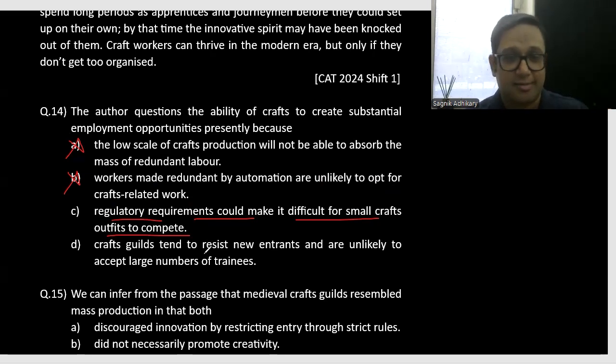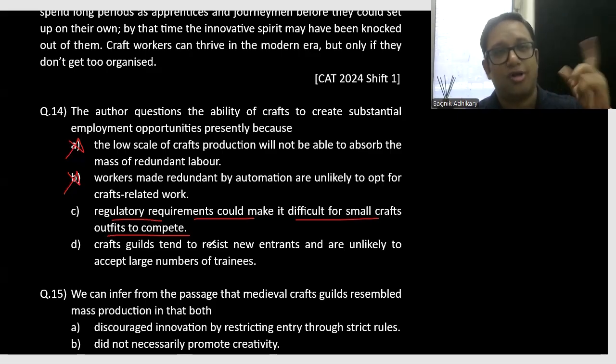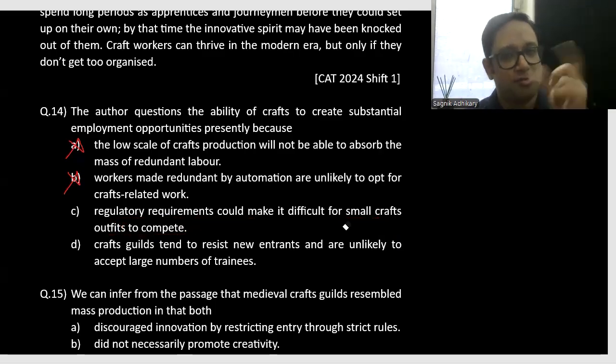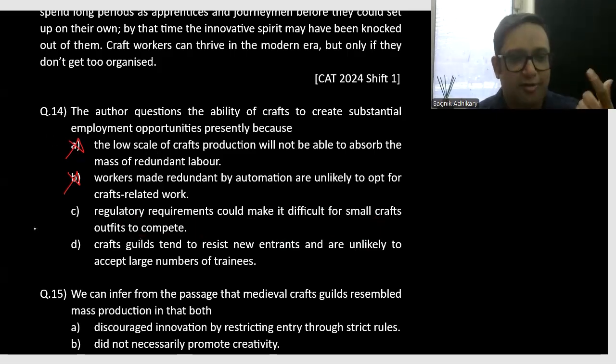This is from the last statement. We saw that large companies would always have the advantage, which means that small crafts would have a disadvantage. Small crafts outfits would not be able to compete. This is exactly what the passage is telling us, only from the other perspective. It has flipped the perspective, but C is very much correct.